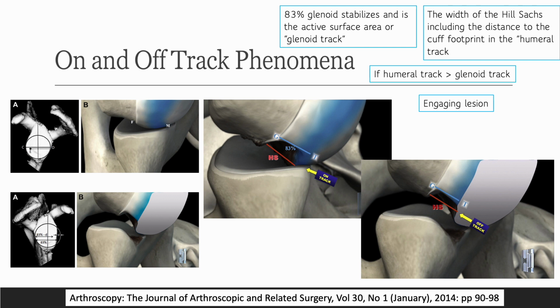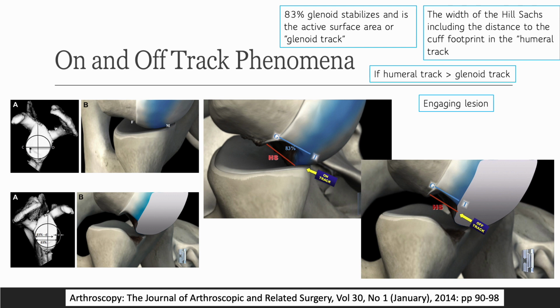Okay. In a normal person, 83% of the glenoid is available for articulation. In a patient who's got bone loss, it is 83% of the normal glenoid minus whatever bone loss is present that is available for articulation. Similarly, on the humeral side, the entire spherical humeral head is available for articulation in a normal person.